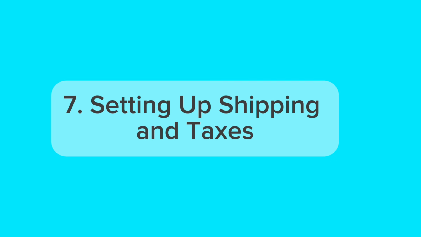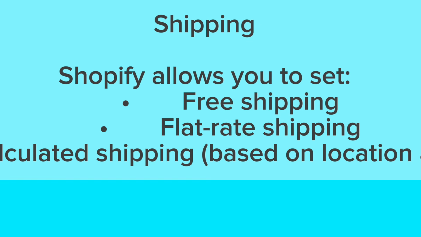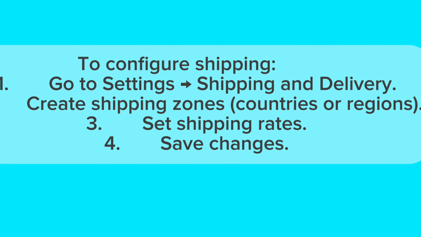7. Setting up shipping and taxes. Shipping. Shopify allows you to set free shipping, flat rate shipping, or calculated shipping based on location and weight. To configure shipping: 1. Go to Settings, then Shipping and Delivery. 2. Create shipping zones, countries, or regions. 3. Set shipping rates. 4.